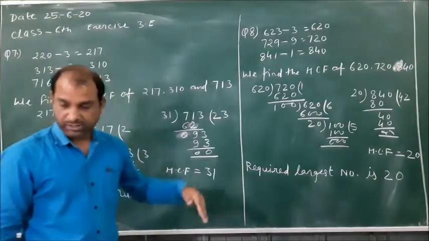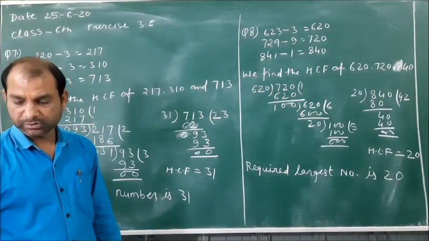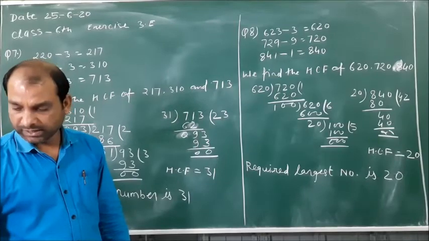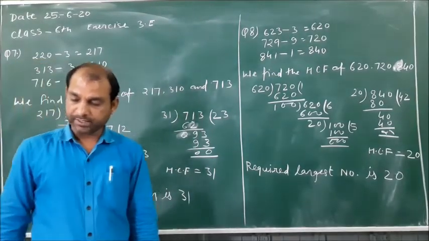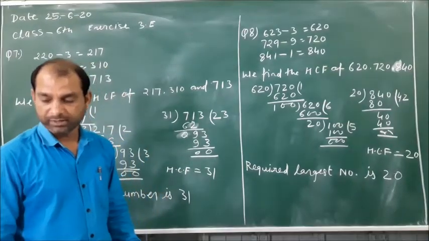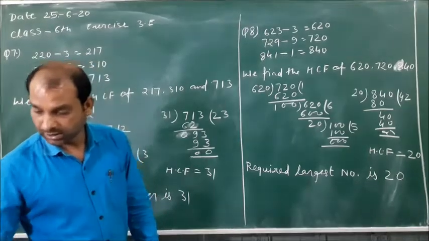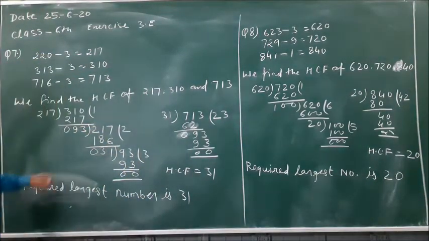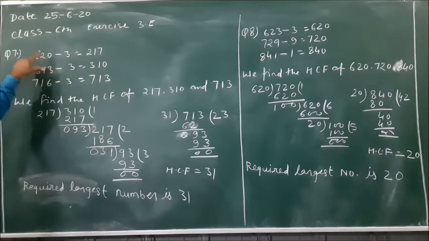Now the next question is just like question number 7. Question number 8: find the largest number that will divide 623, 729 and 841, leaving remainders 3, 9 and 1 respectively. In question 7 the remainder was 3 in each case.